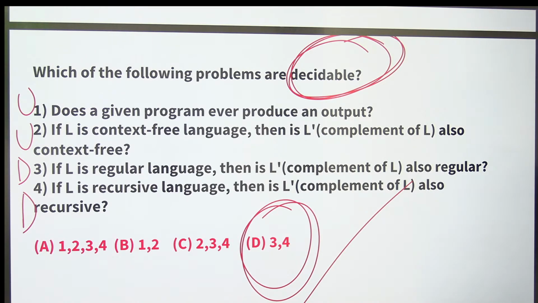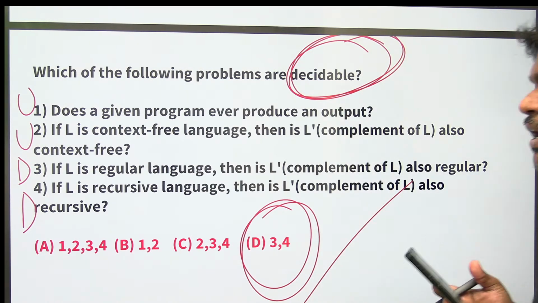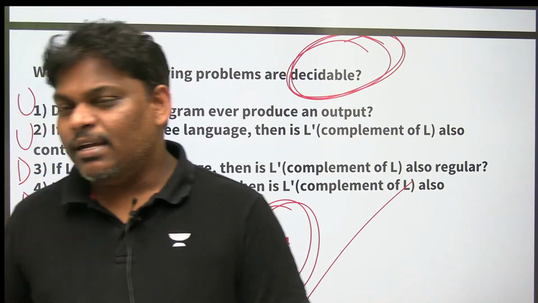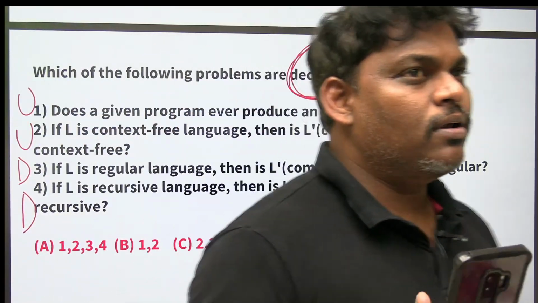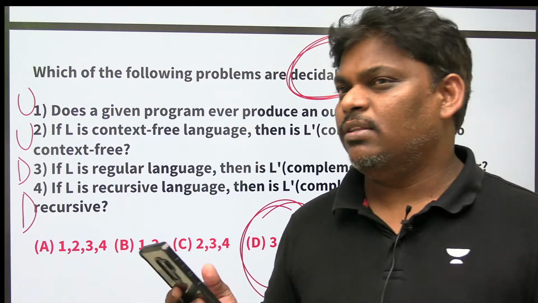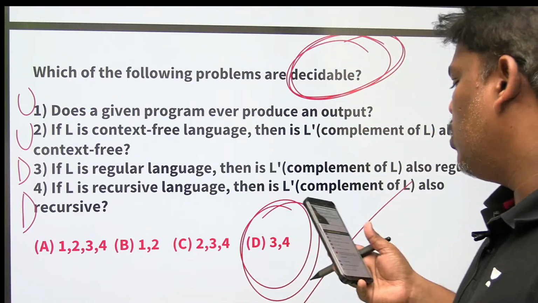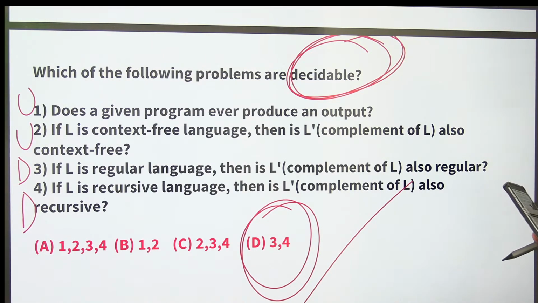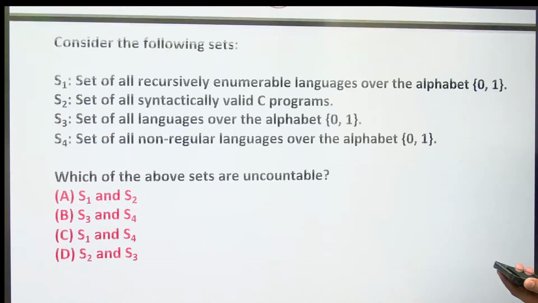Some people select undecidable because they like undecidable, and they don't bother about what the given problem is. So remember, this problem is asking decidable. The answer is D, 3 and 4.